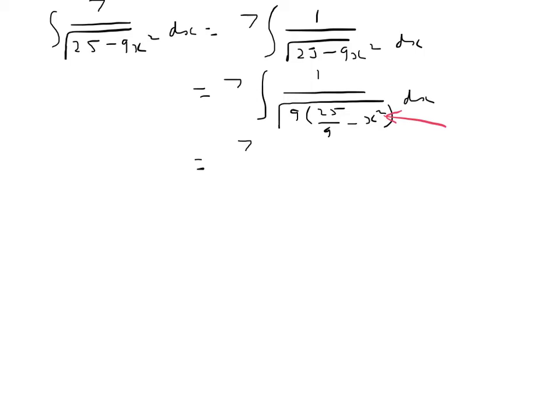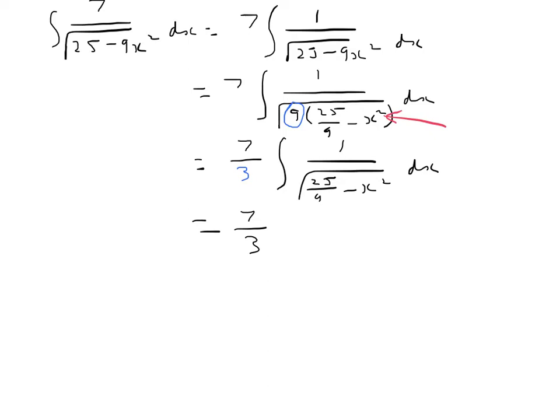The reason is I want to get myself just x squared here. So 7. This 9 here is under a square root. Square root it, you get 3, take it out the front. Then you're left with 1 over the square root of 25 over 9 minus x squared dx, and of course that looks like sine.